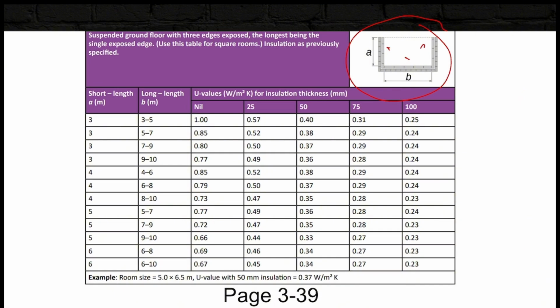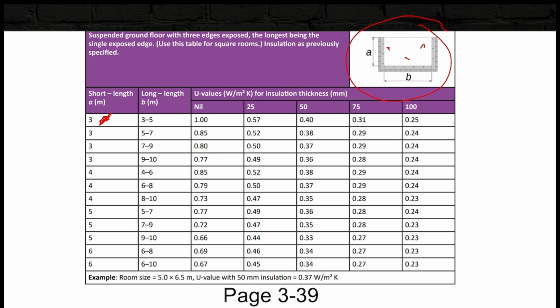We then use the column down the left hand side, far left, to gauge the short length, i.e. dimension A. Now that's both the front and the back wall of our living room, which was 3 meters in length. So off the bat, we're looking at the top line here, but then dimension B, for that to be true, needs to be between 3 and 5 meters long.